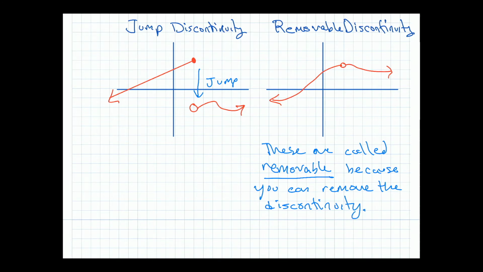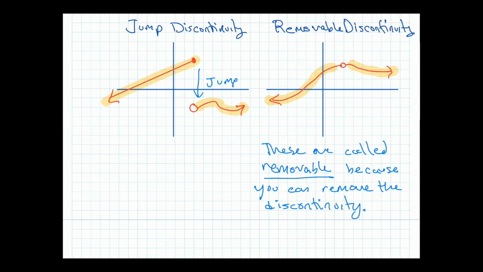So this function here, the one on the right, is discontinuous, because if you try to trace the graph without lifting your pen, you trace it to here, but you're not supposed to be covering over the circle, because the circle's empty. So you get to there, you have to lift your pen, and then on the other side of the empty circle, you start again. So that's why it's a discontinuity in the first place.